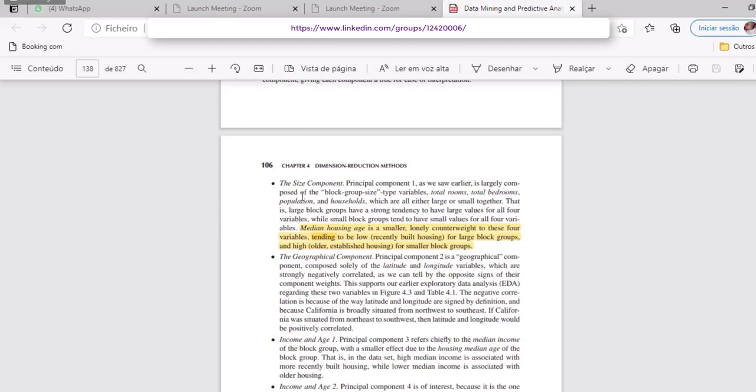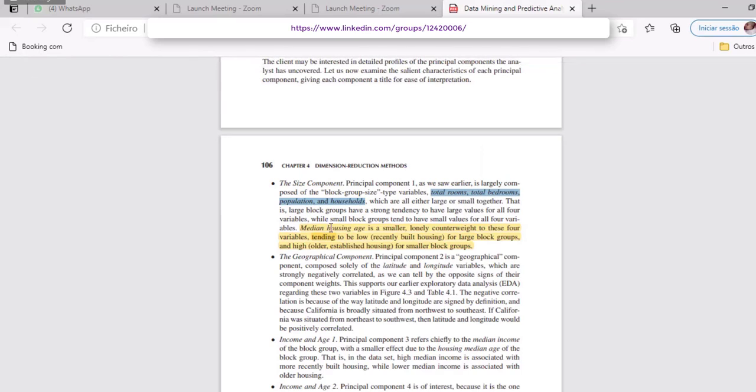So the first component, we can call it the size component. And we say that it is largely composed of the block group size type variables. All these variables are related to size and they are not the same, but it's logical that they will vary in the same way: the total of rooms, the total of bedrooms, population and households.